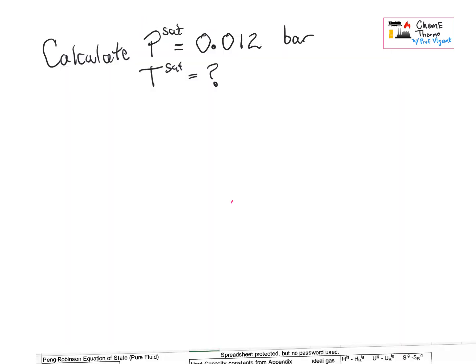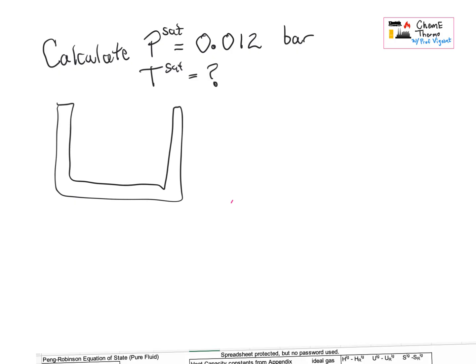Okay, so now we want to run this equation for solving for it not being boiling, right? Remember, here, let's imagine this is a beaker, and the beaker has benzene in it, and it's not at boiling. It's at some other temperature that's lower than that, right?